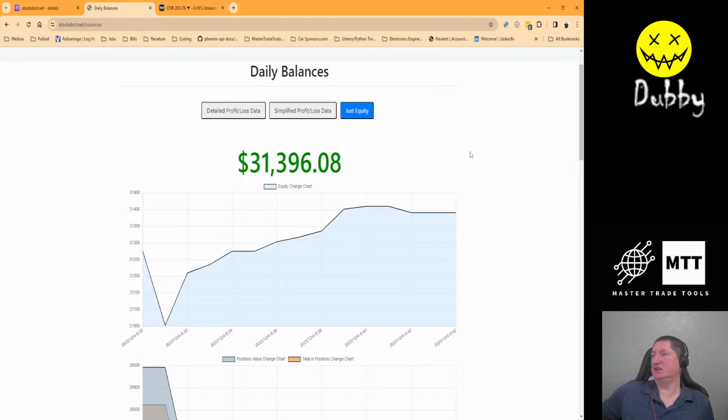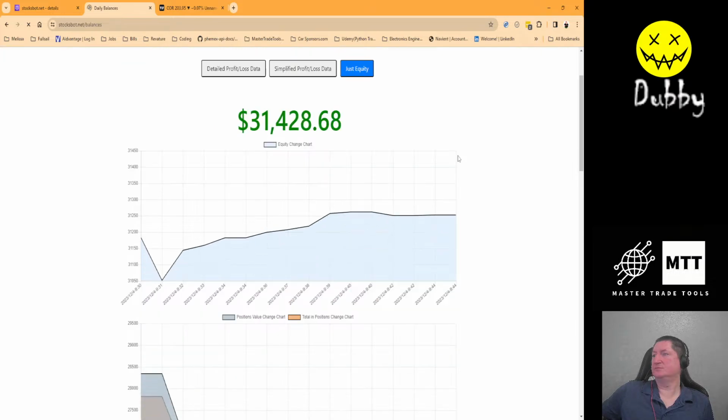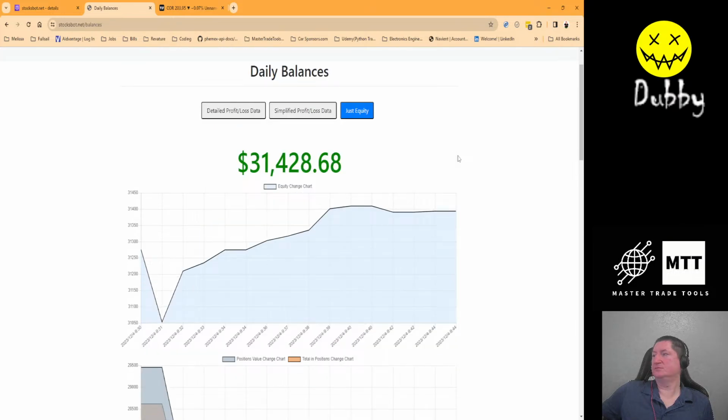But we have seen it go back up by the end of the day, recover. Of course, again, that might just be regular stock movement, the ebbs and flows of the market.